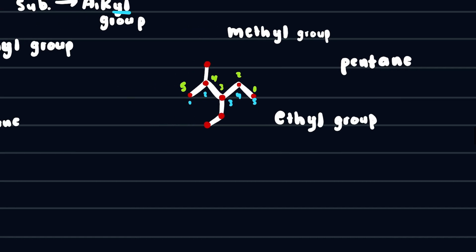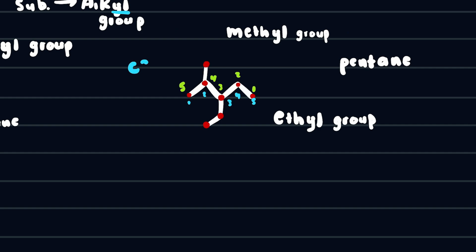5. So if I go left to right, that will give my methyl group carbon 2, and that will give my ethyl group carbon 3. If I go right to left, that will give my ethyl group carbon 3 and my methyl group carbon 4. Clearly, left to right is a lower count numbering, so we will go left to right.